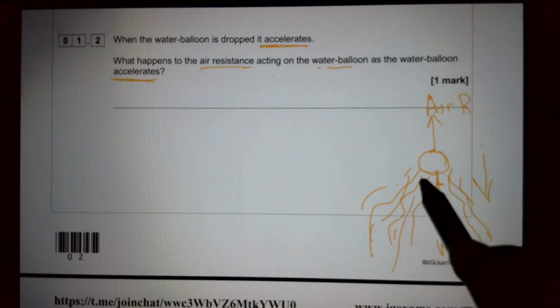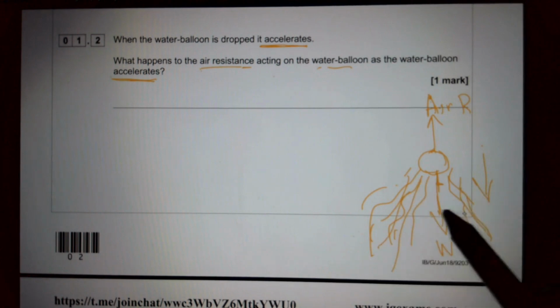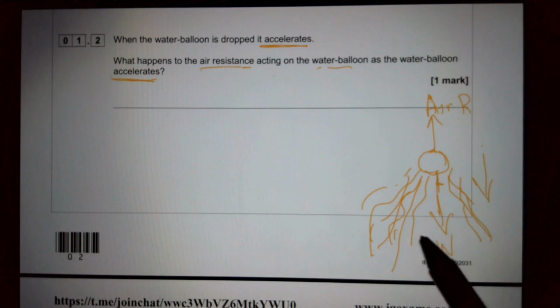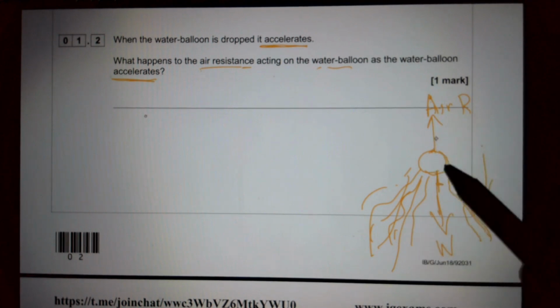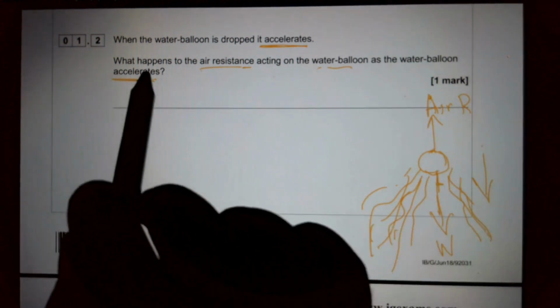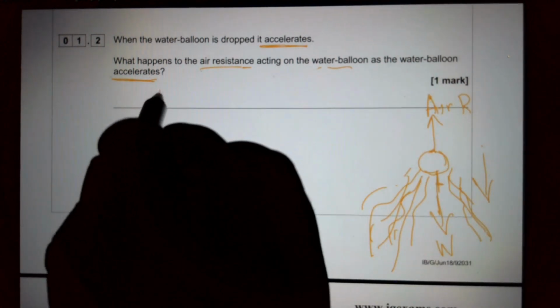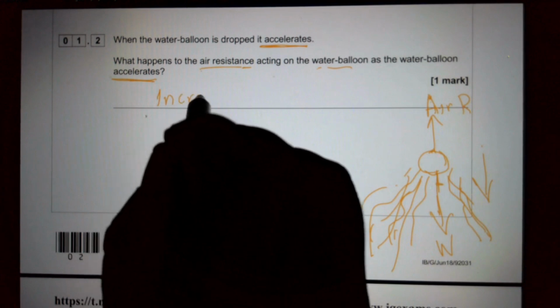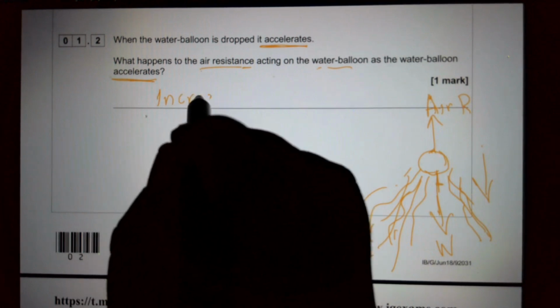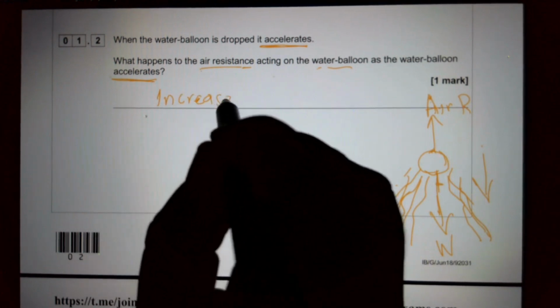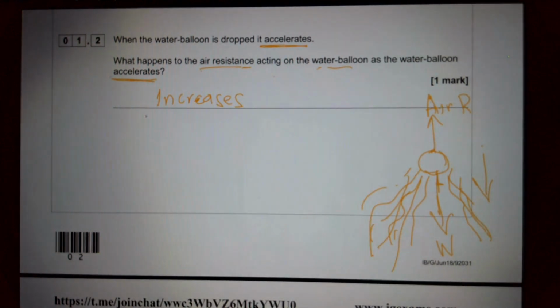So therefore there will be more air particles, and these air particles will try to oppose the motion of the balloon, will try to oppose this balloon from moving downwards. So when the question says what happens to the air resistance acting on the balloon as the water balloon accelerates, the air resistance increases. Air resistance increases. Let's go to the next question.